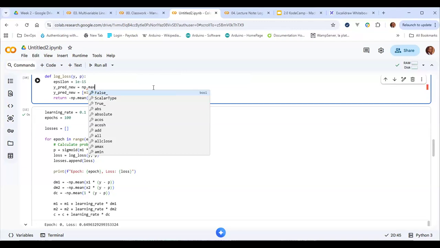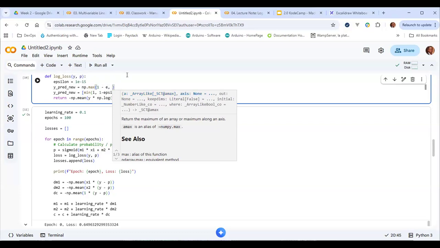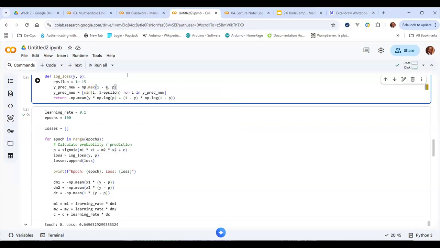Well, we can use max so that after you have calculated a prediction, prediction should not be more than 1 minus epsilon, right? So the reason for this is, your prediction should not be more than that. And you can also do np dot mean. It should not be less than, yeah.